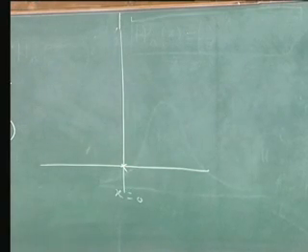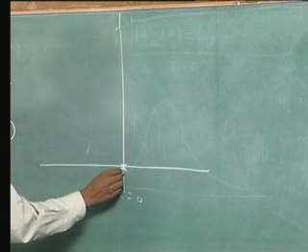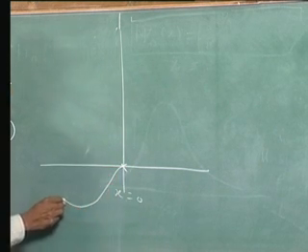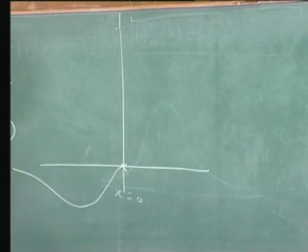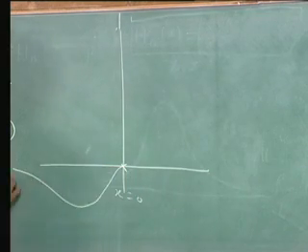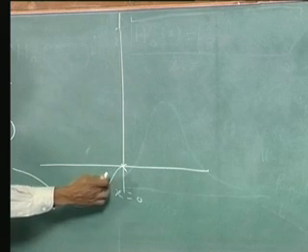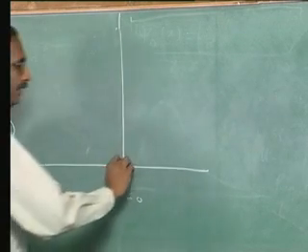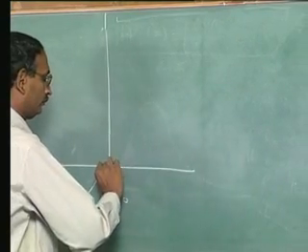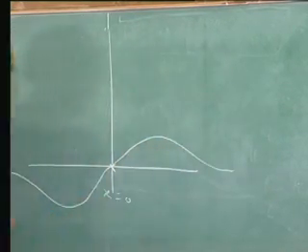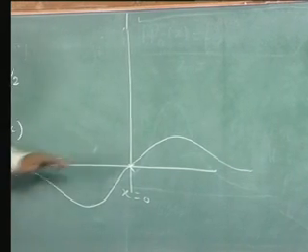The function is negative, and it goes to 0 as x goes towards minus infinity from the negative side, and it goes to 0 on the positive side from positive values.